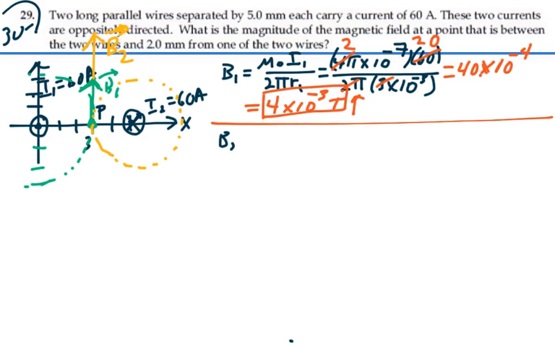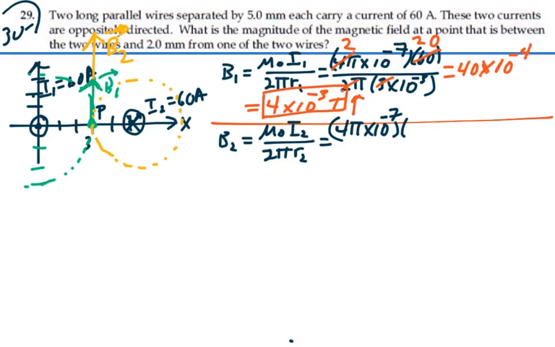For magnetic field 2, we have mu naught I2 over 2 pi R2, and that's equal to 4 pi times 10 to the minus 7 times 60 amps, over 2 pi, and we are only 2 millimeters away, 2 times 10 to the minus 3.